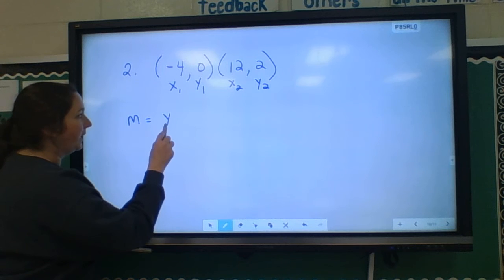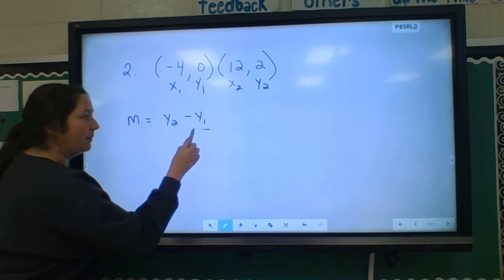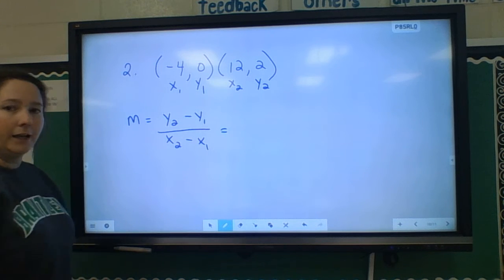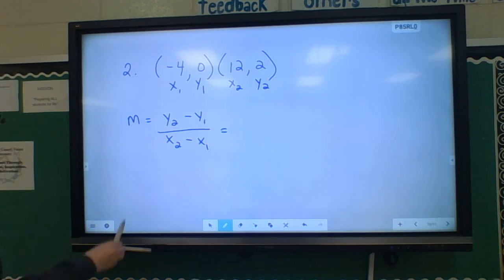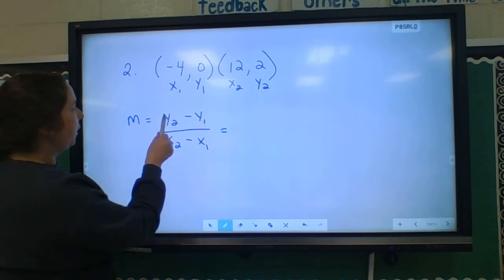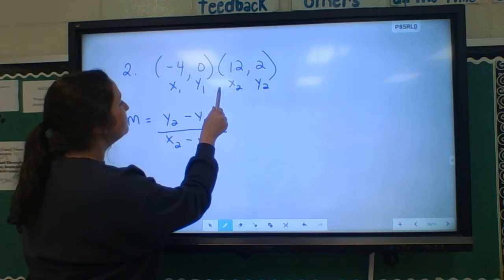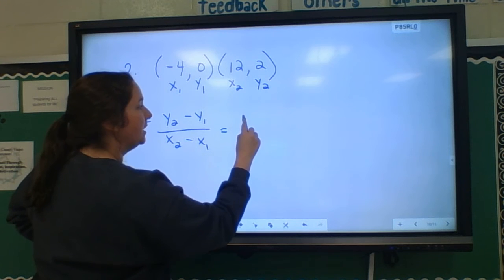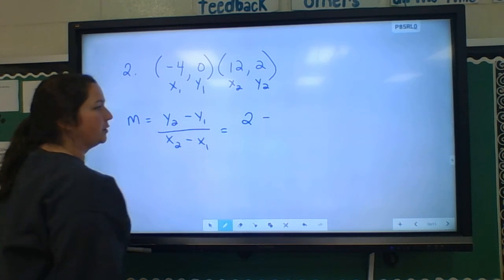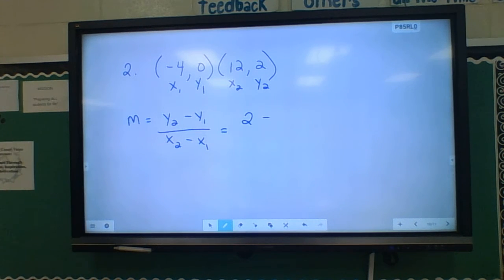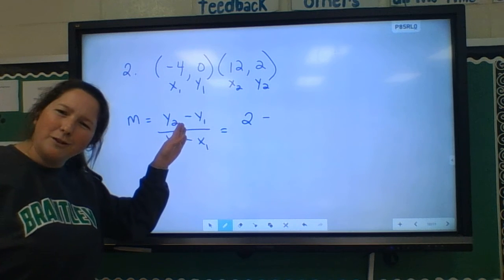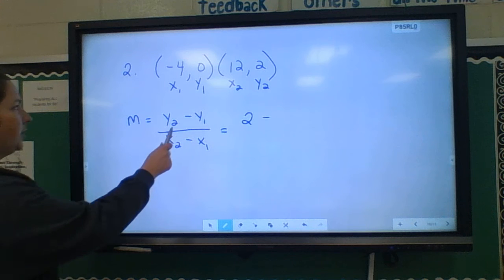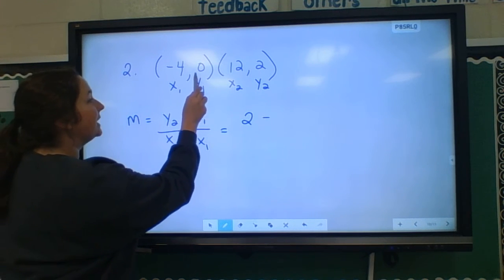Well, we have to write the formula down to be able to substitute into the formula. Golly gee. So what's Y2? I'm going to scroll along. Oh, there it is. There's a 2 above it, so I'm going to plug in a 2. There's a subtract sign. Always subtract. Miss Beck, do I always have a subtract sign in this little formula? Why, yes. Always subtract. So what's Y1? Oh, Y1, 0.